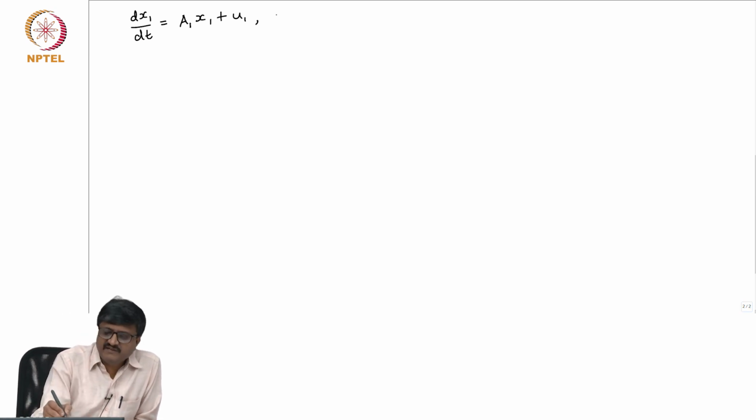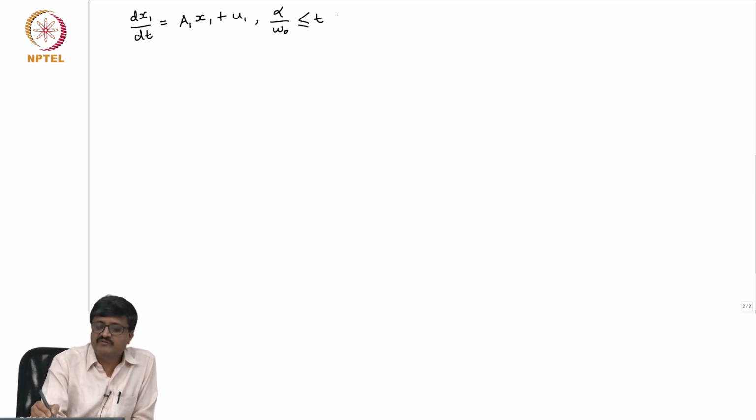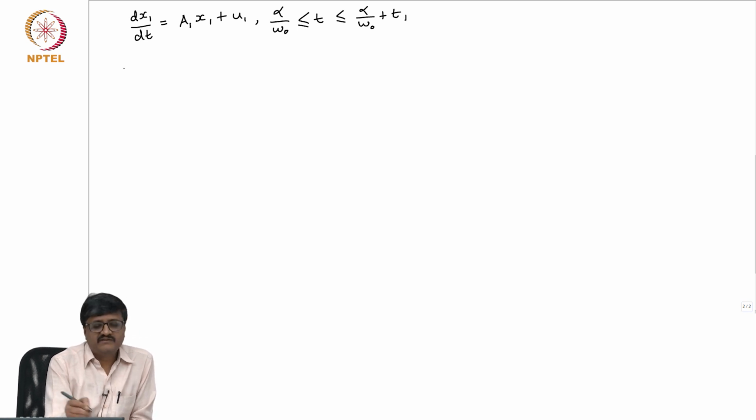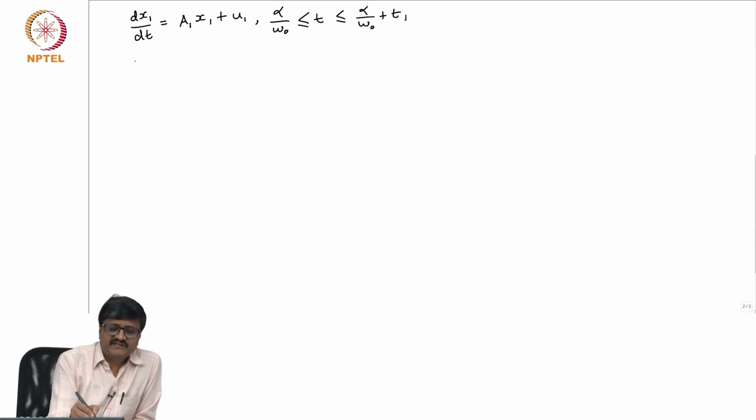So the first subinterval is applicable from alpha by omega O less than or equal to t less than or equal to alpha by omega O plus t1. Similarly, the second subinterval is also a circuit and it is governed by a linear time invariant equation.